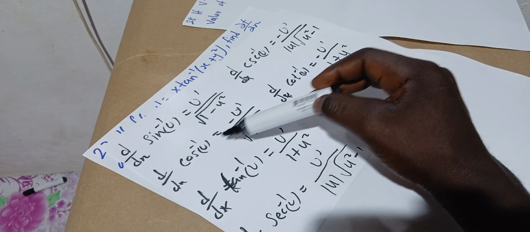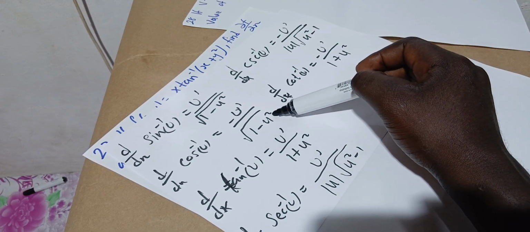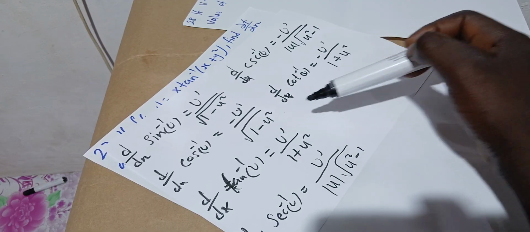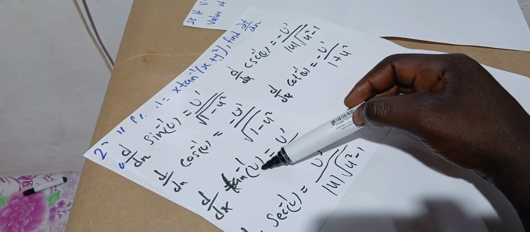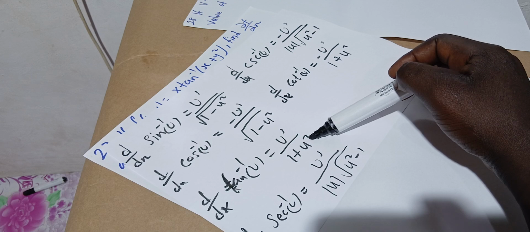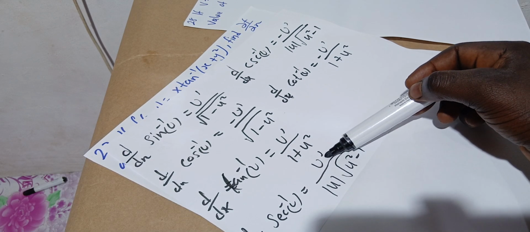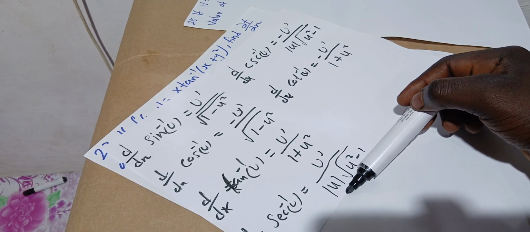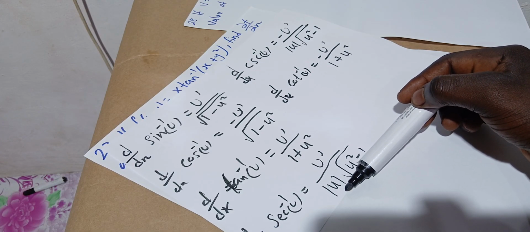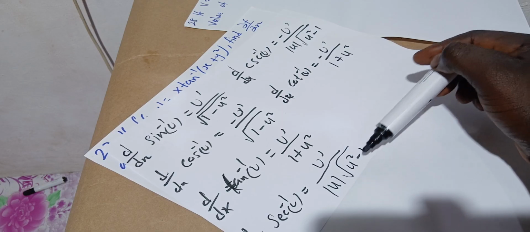Cos inverse of u equals minus u prime all over the square root of 1 minus u squared. And tan inverse of u equals u prime all over 1 plus u squared. Sec inverse of u equals u prime all over the absolute value of u, which means the value for u should be positive. Whether you get a negative, it should be positive.